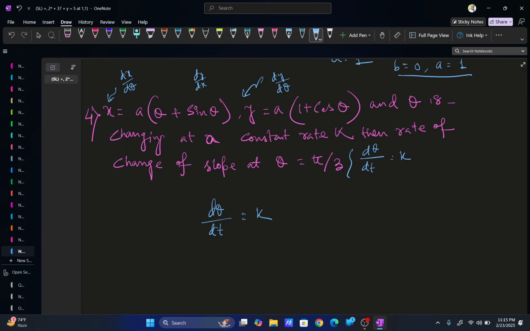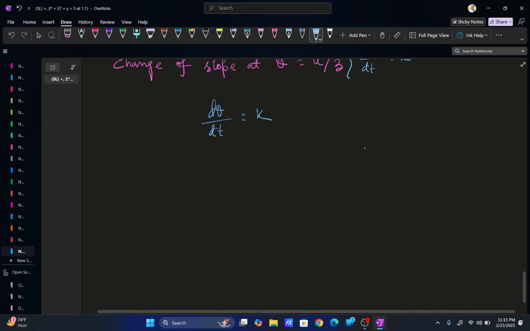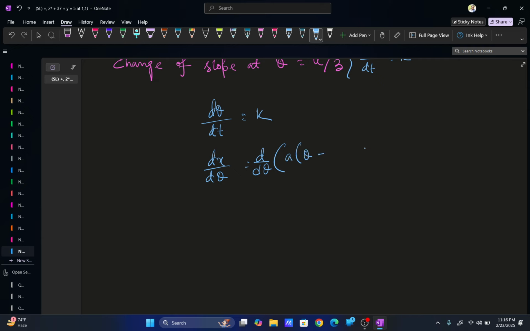So we find dx/d theta, which is d/d theta of a(theta plus sine theta), so this is a(1 plus cos theta).